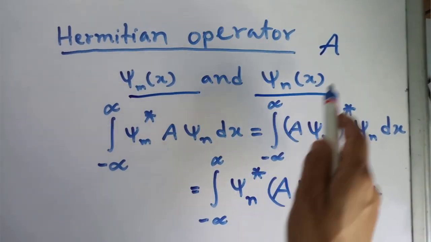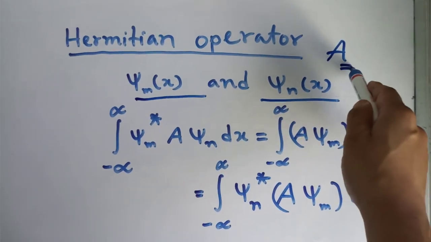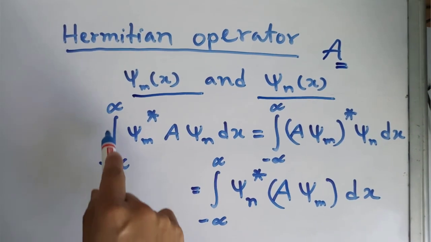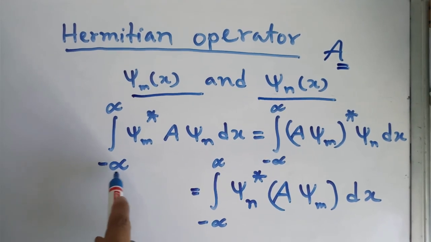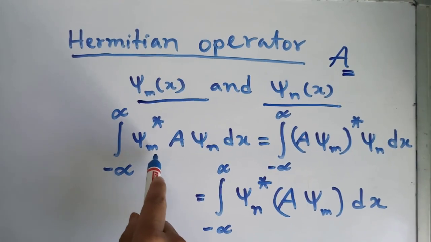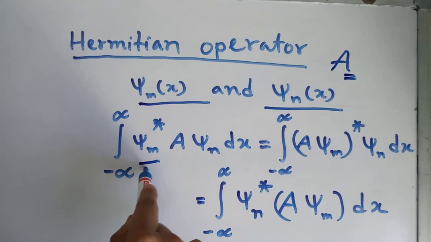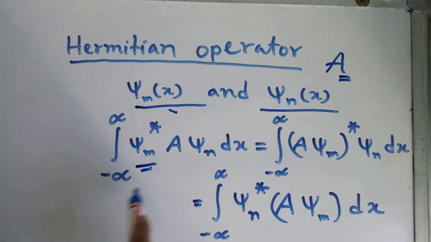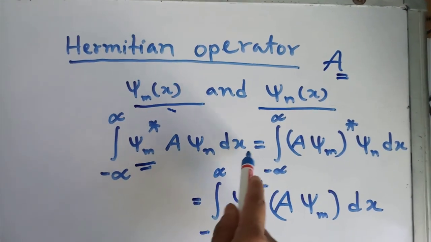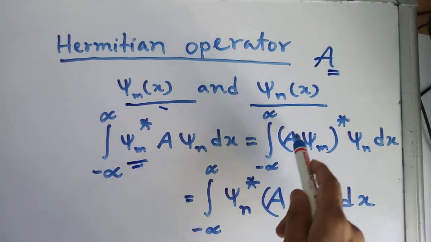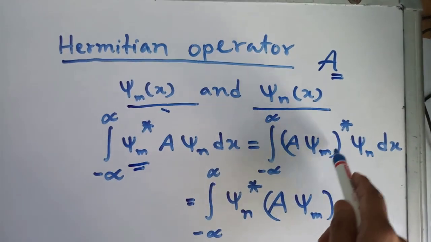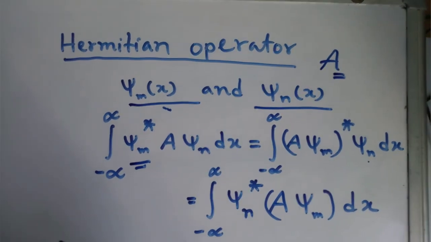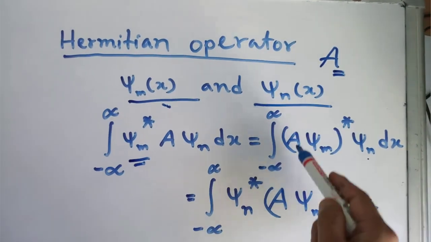Now if the operator A follows this relation, as I have written, the integration with limits from minus infinity to plus infinity of psi_m star A psi_n dx equals the integral of (A psi_m) star psi_n dx. You know what psi_m star is? This is the complex conjugate of this function. So if you expand this, you will get A star.